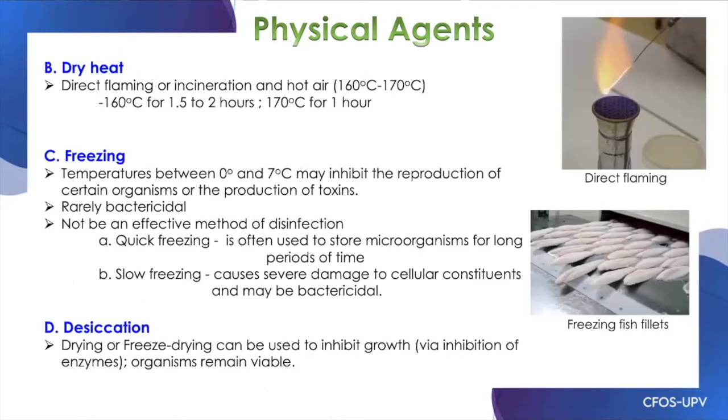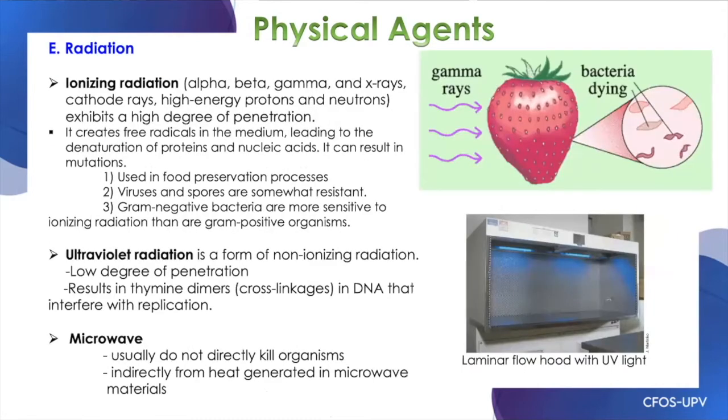Under physical agents, we also have dry heat, freezing, and desiccation. I will not elaborate on those. For radiation, we have ionizing radiation, ultraviolet radiation, and also microwave. Why is this mentioned here? Usually, microwaves do not directly kill the organisms.